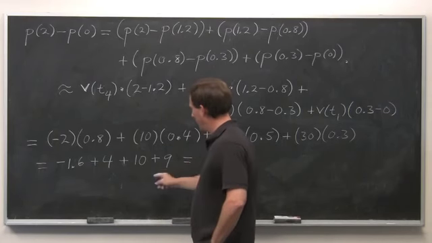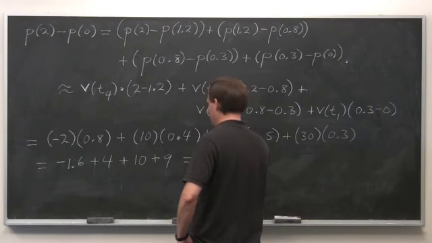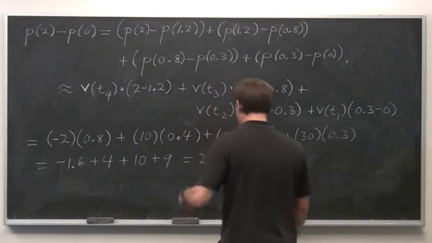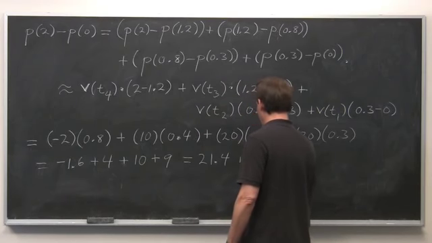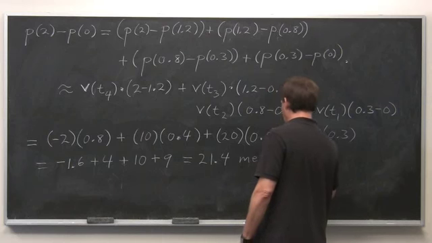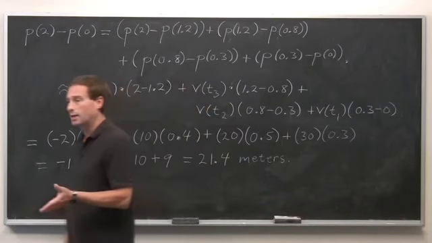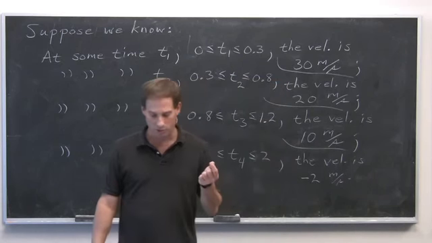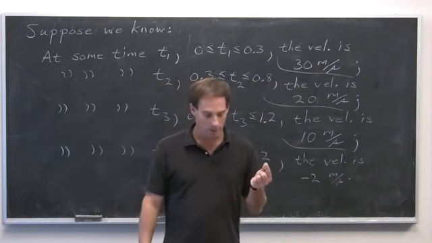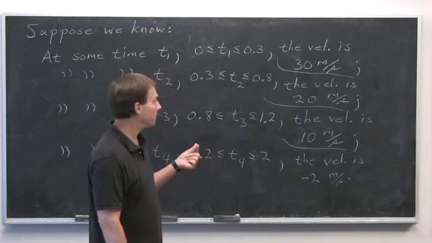So I get 23 minus 1.6, so 21.4 meters. So this is our approximation for the total displacement, for the displacement of the car, so its change in position between times 0 and 2 seconds.